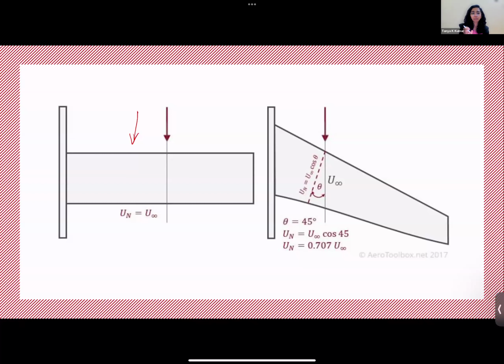It's reduced by the cos of the sweep angle. So your actual incoming velocity V infinity is reduced by this cos component, which gives you a reduction in the velocity that the normal component sees, the velocity that the airfoil sees. Hence it delays the critical Mach number. This is how sweep was helping.